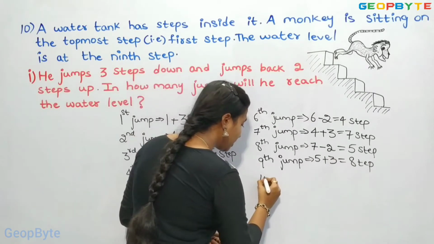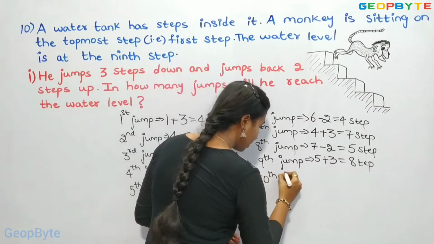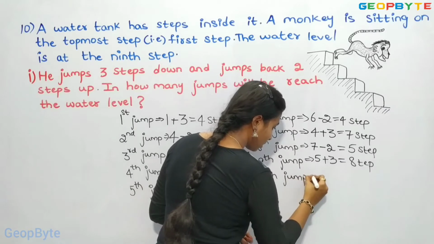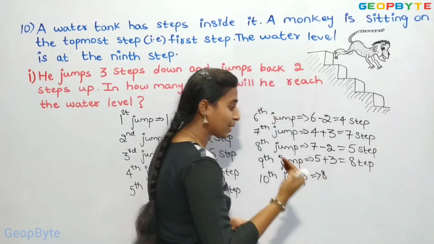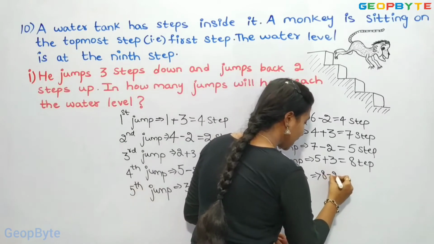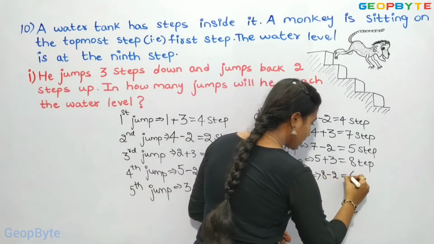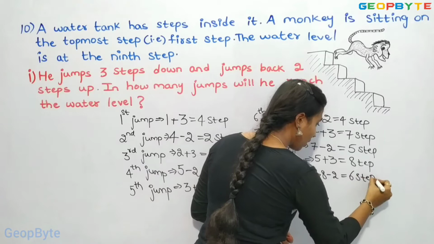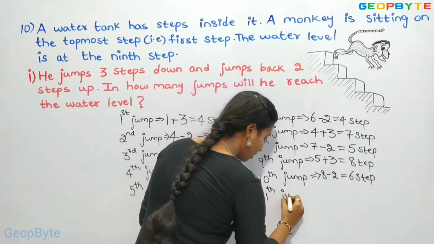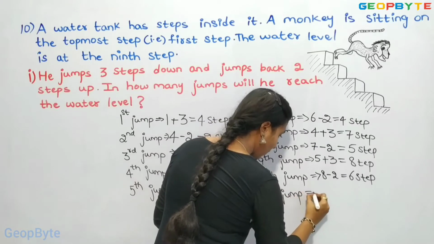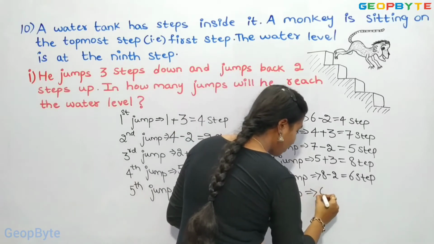Now, in the 10th jump, he is on the 8th step. He comes back 2 steps up, that is 8 minus 2. He is on the 6th step now. In the 11th jump, he is on the 6th step.